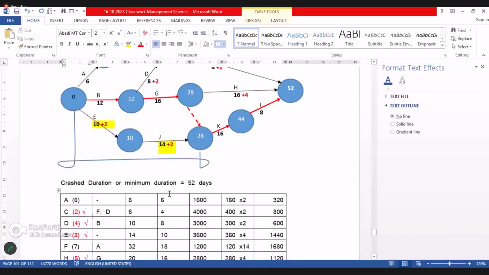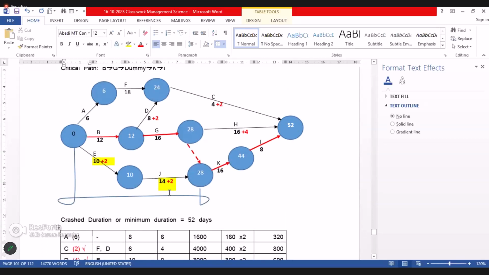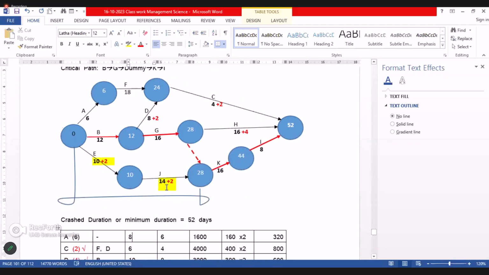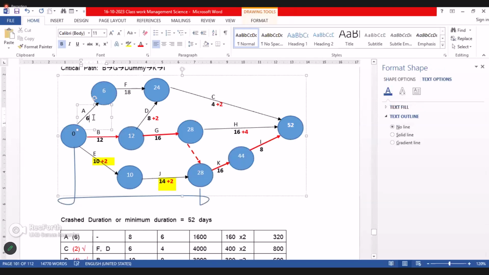If you go to A, now you see that 24. What will happen? A, how many days to use? 2 days, no? 8, 6, 2 days. What will happen if you add 2 days in A?